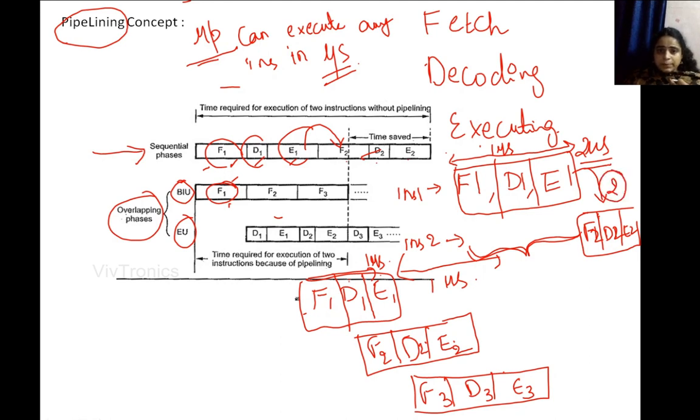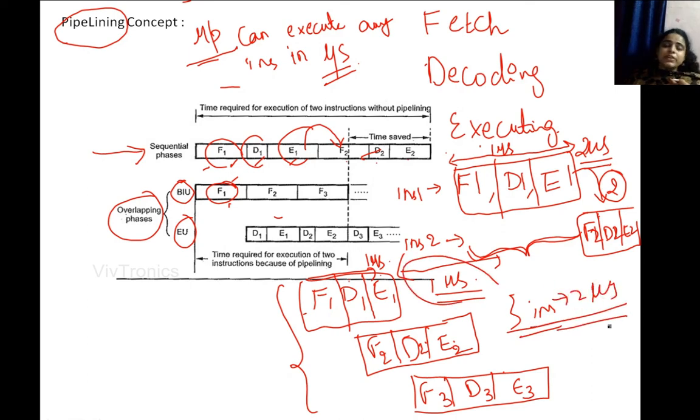So with pipeline we can execute 3 instructions under 2 microseconds. Okay, so the processor speed will also be increased. So this is called the pipelining concept: parallel fetching, parallel decoding, parallel executing.